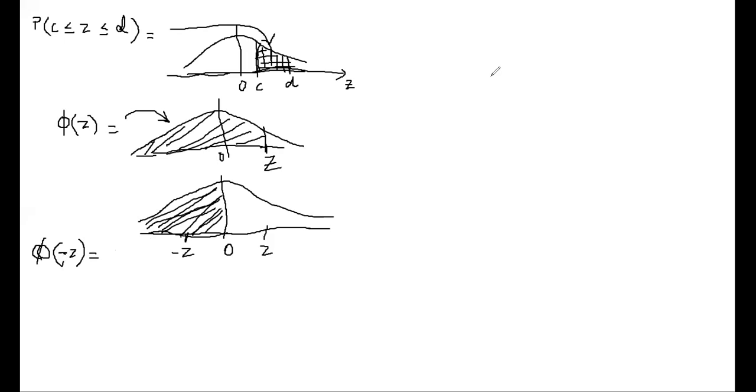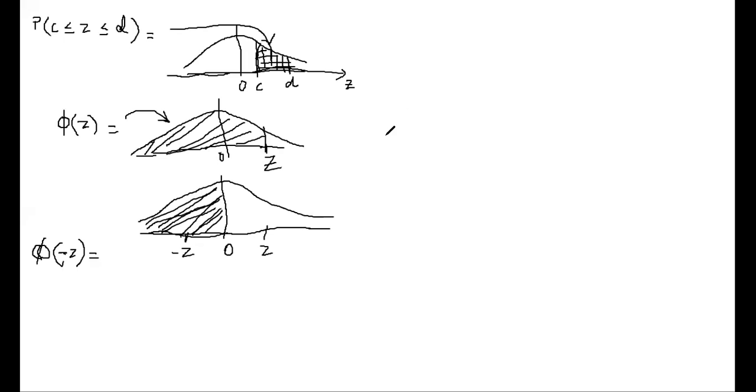Ma'am, phi of minus z denotes the area on the left side of point 0. That's why, if we can find phi of z, then the other half will be 1 minus phi of z.